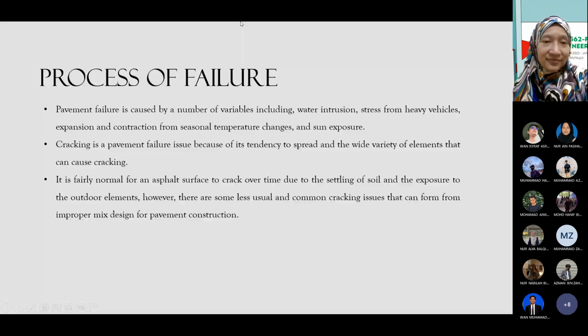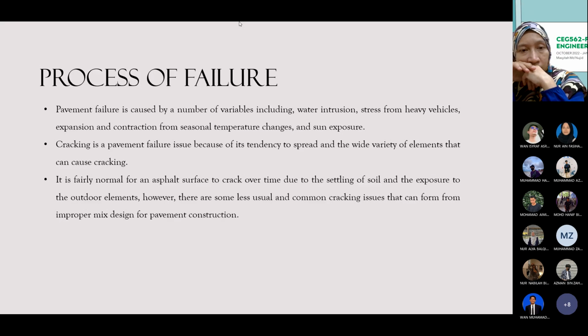For the process of failure, pavement failure is caused by a number of variables, including water intrusion, stress from heavy vehicles, expansion and contraction from seasonal temperature changes, and sun exposure. Cracking is a pavement failure issue because of its tendency to spread and the wide variety of elements that can cause cracking.